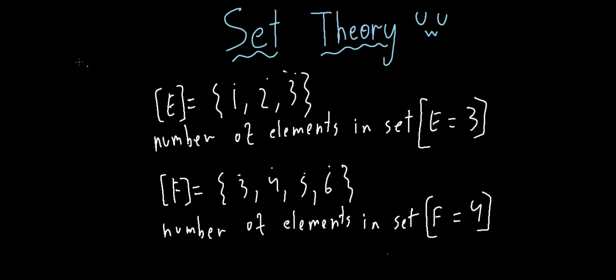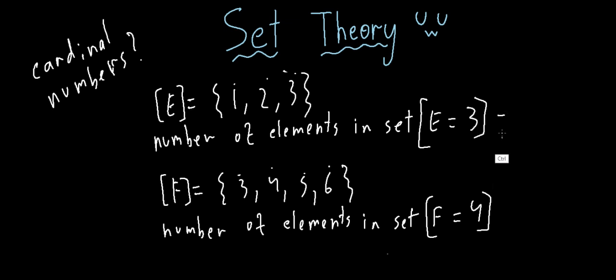Now we'll get to the point. What are cardinal numbers? Simply, cardinal numbers are the number of elements in the set. So, if the question is asked, what is the cardinal number of set E? First of all, the cardinal number is represented as n of the set.